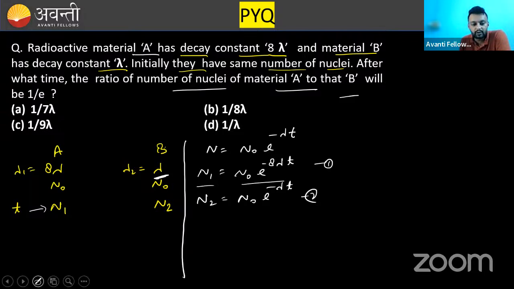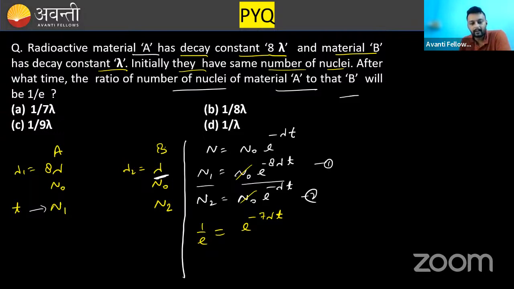The ratio is 1 by e. So I will divide these two equations and I get 1 by e equals, N naught and N naught cancel, e raised to the power minus 8 lambda t divided by minus lambda t. If I take it to the numerator, it becomes positive lambda t, so that is minus 7 lambda t. Clear?